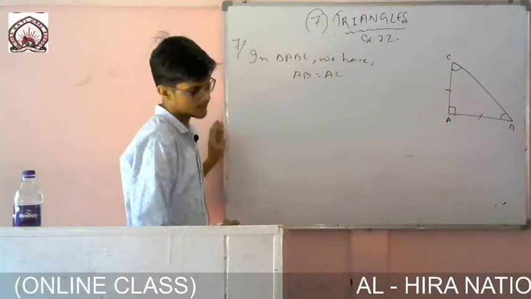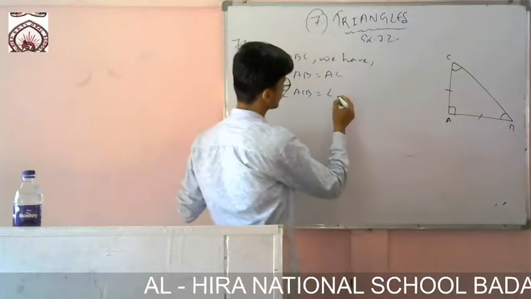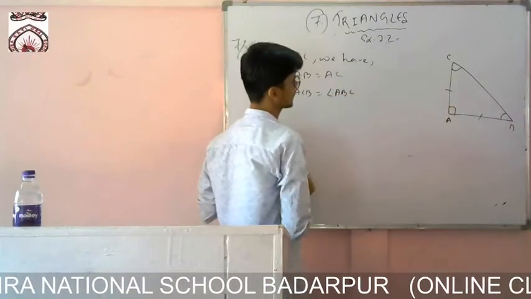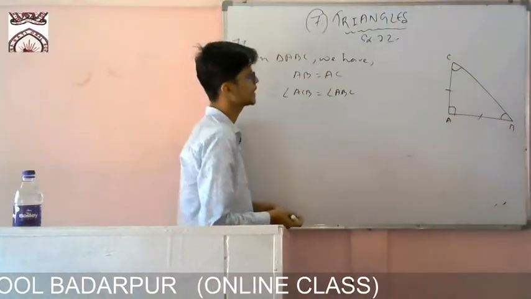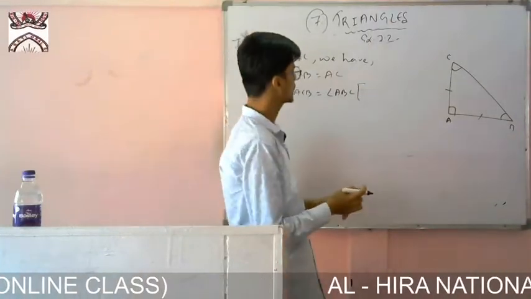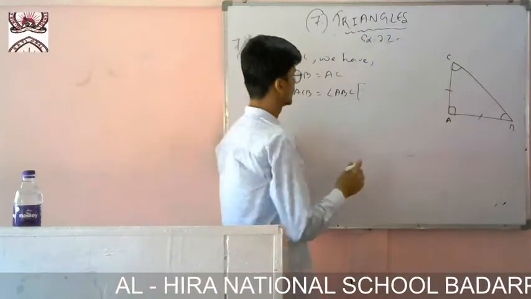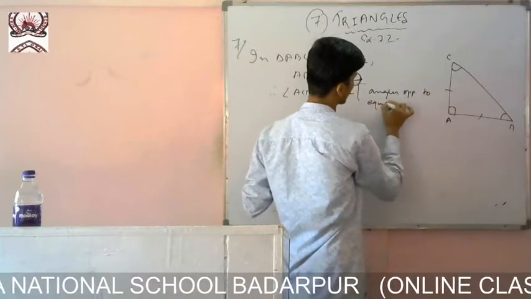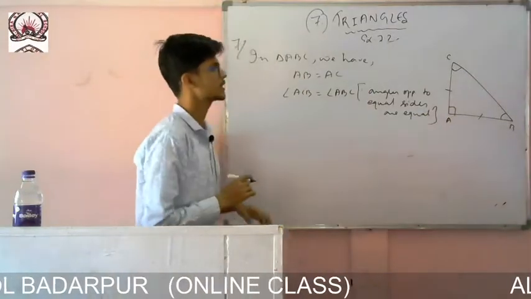You see here, if AB is equal to AC, then angle ACB will be equal to angle ABC, that means angle B will be equal to angle C. And there you write the reason, since angles opposite to equal sides are equal.